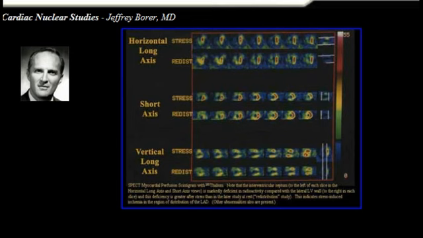And the tests are used in this way commonly. So myocardial perfusion scintigraphy is useful for identifying coronary disease and also for determining prognosis.